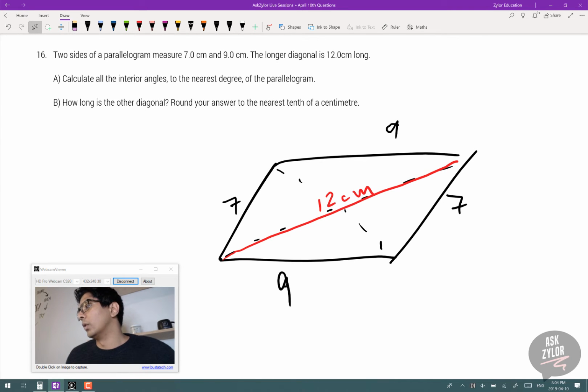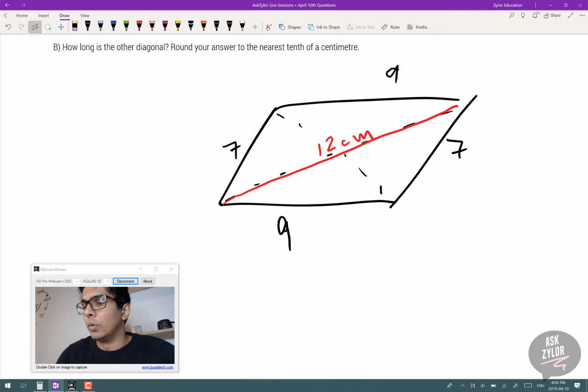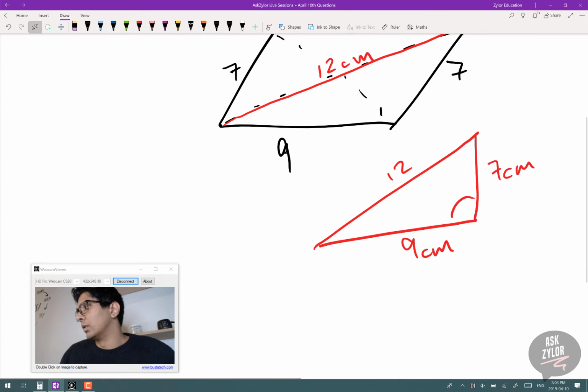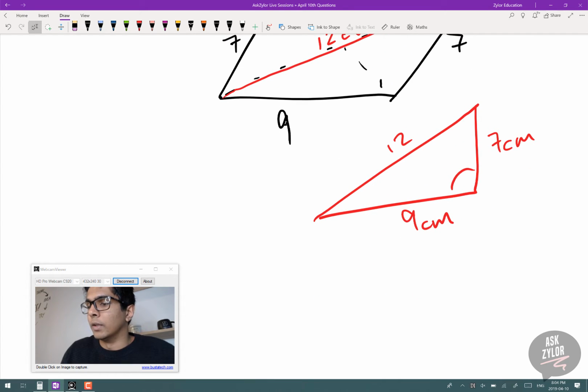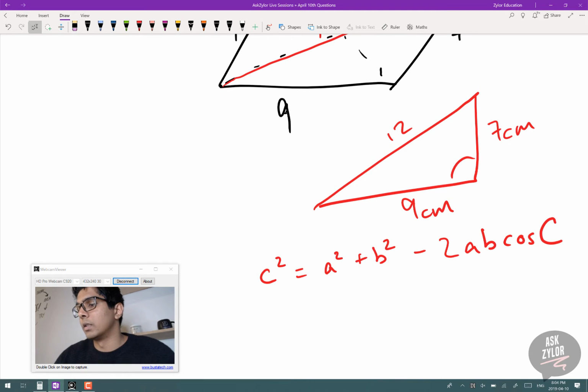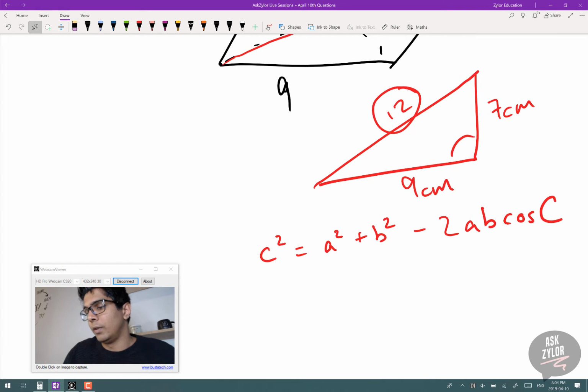Right. So we're going to make a triangle with the long diagonal, the 7 centimeters and the 9 centimeters, so we can find what this interior angle is. If I use the cosine law, it tells me c squared is equal to a squared plus b squared minus 2ab cos of big C. I'm going to associate 12 with c, and a and b could be either 9 or 7.